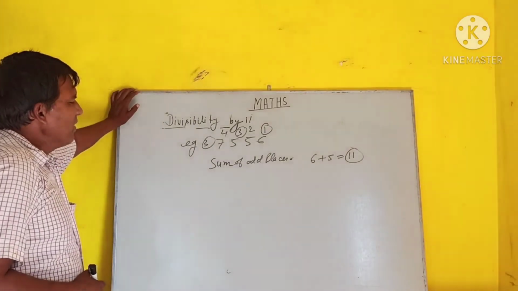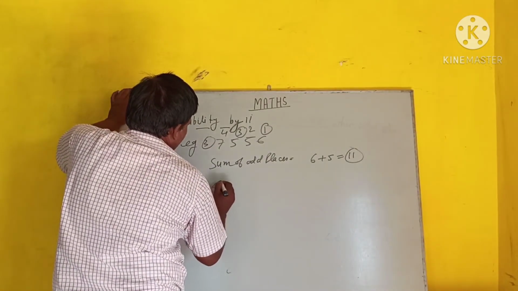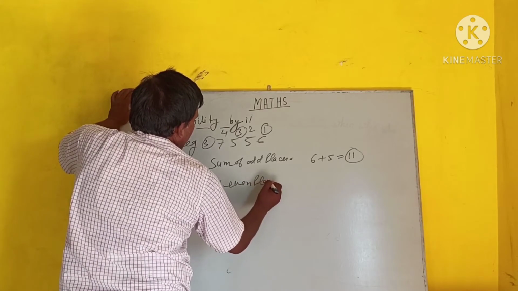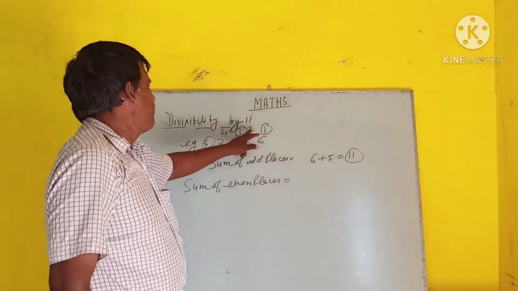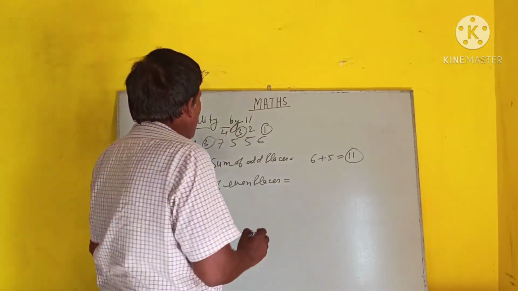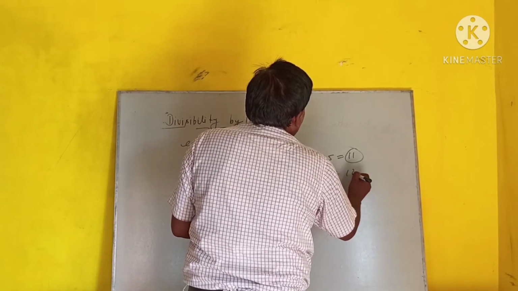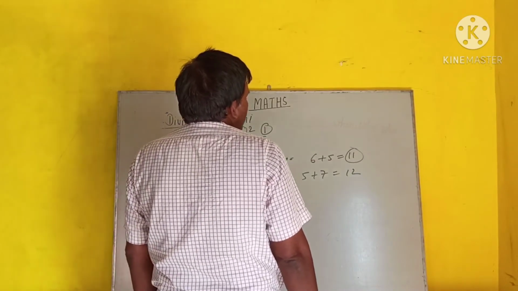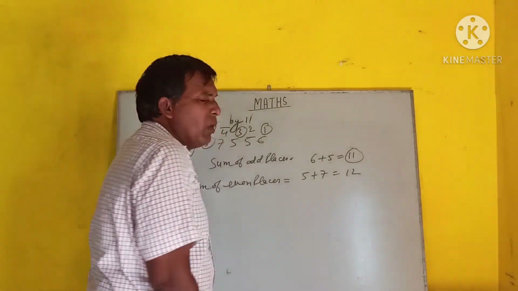Sum of even places. Here the even places are 2 and 4. Place of 2 is 5 and place of 4 is 7. 7 plus 5 is equal to 12.